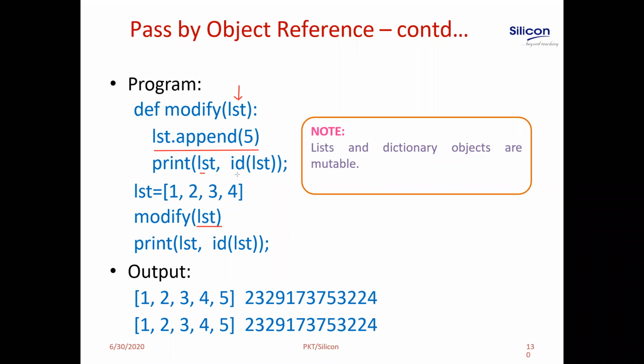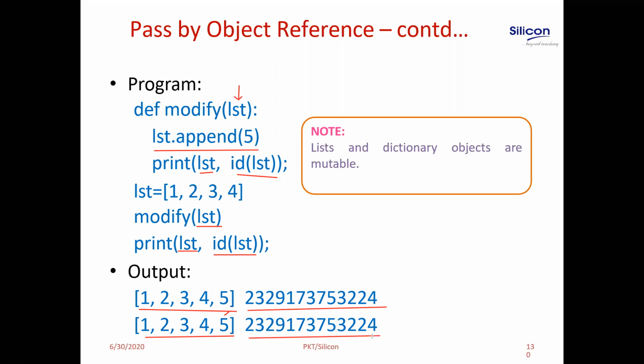I print the list and the address of this list. It prints 1, 2, 3, 4, 5 because 5 is appended, and this is the address. Now when the function ends and it comes out, and again I print the list, you will see that you have the modified value, 5 is added, and the address is the same address.